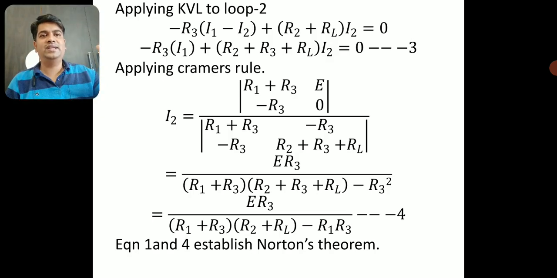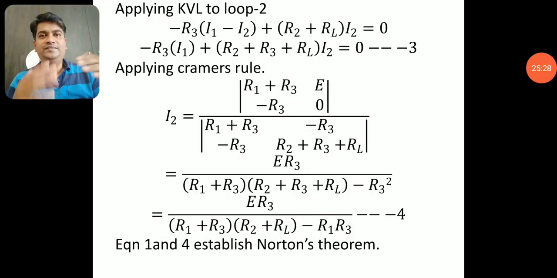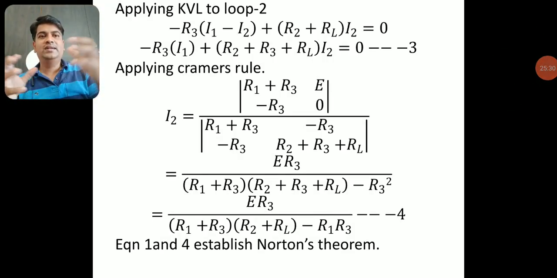(R1 plus R3) into 0 minus minus, so plus ER3. So the numerator is simply ER3. And the denominator is (R1 plus R3) multiplied by (R2 plus R3 plus RL), minus, and there is one more minus, plus becomes again minus R3 square.